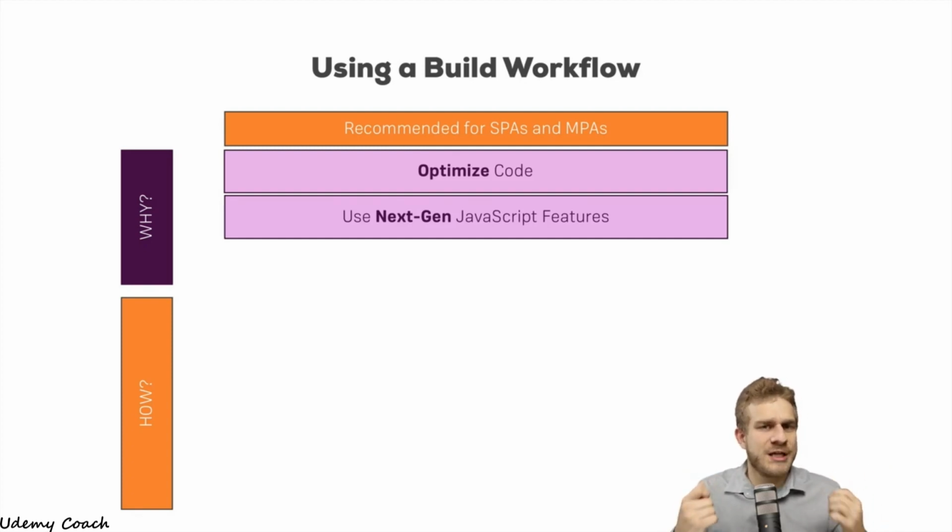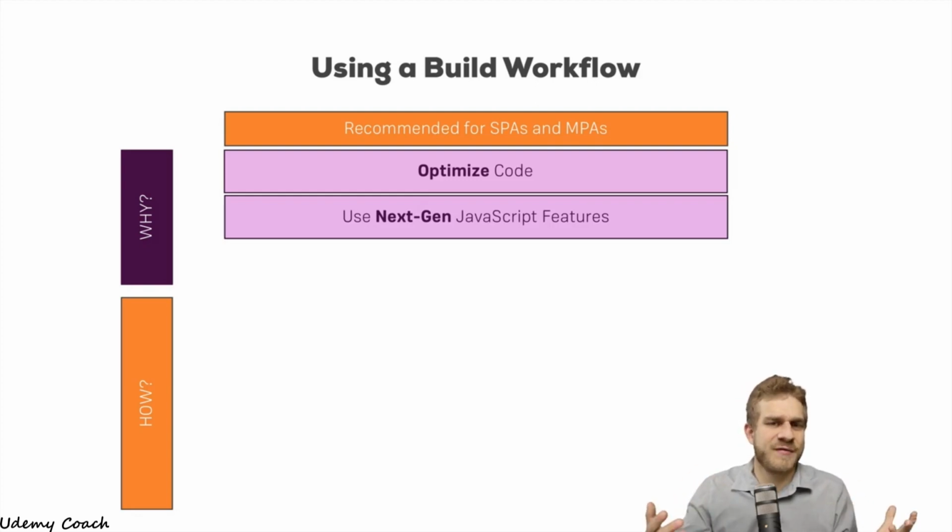So you should really use these features. It's not just something nice, optional. I strongly recommend using these features. It is considered a best practice, and it is what I teach you in this course, because obviously I want to teach you best practices. So we want to use next generation JavaScript features to have an easier time to write less error-prone code.